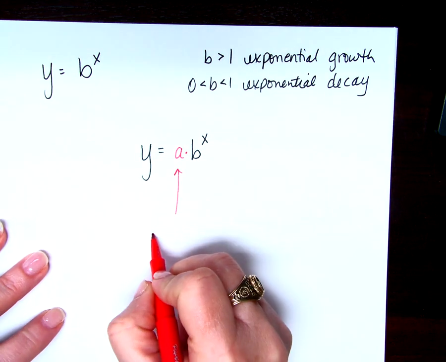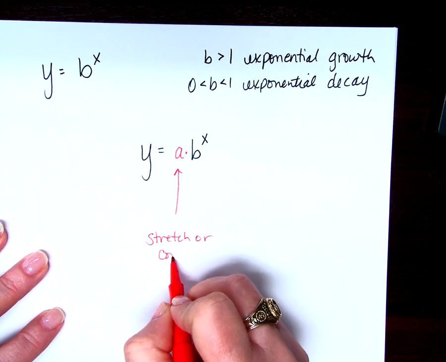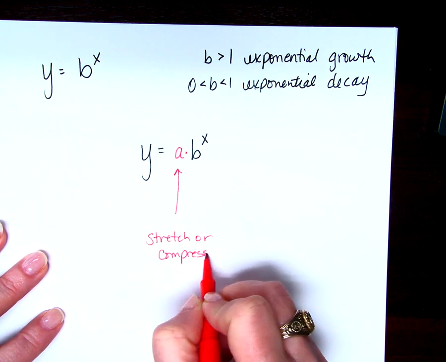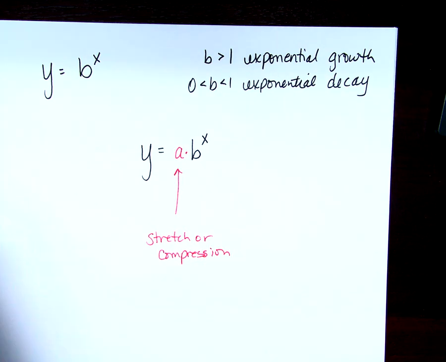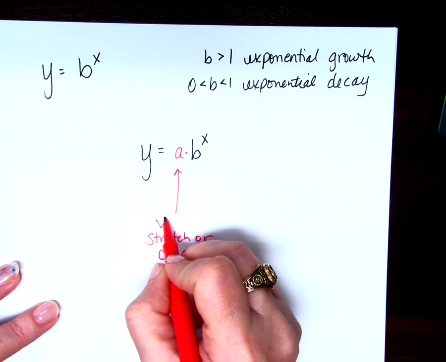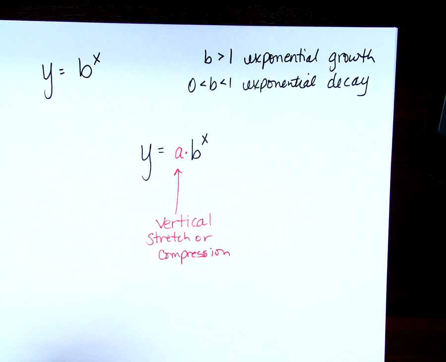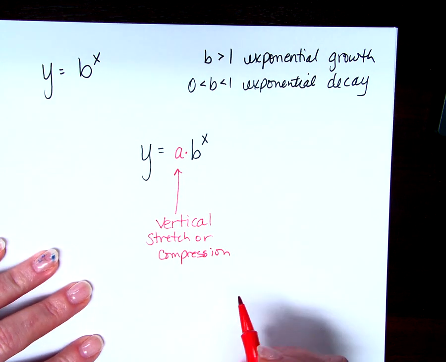This is a stretch or compression. Now, is this a inside or outside of the function? It is outside of the function, so more specifically, what kind of stretch or compression? A vertical stretch or compression.